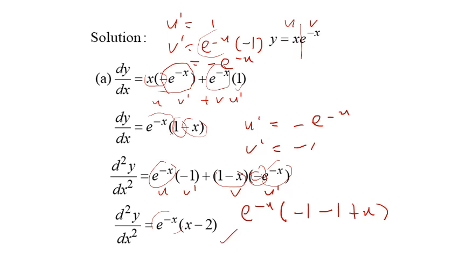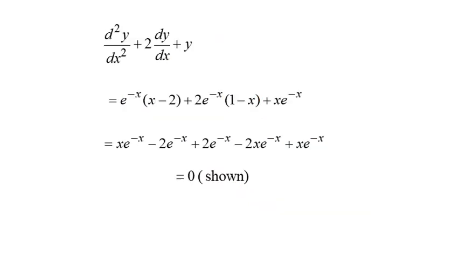And then the next question, you have to show the given equation equals 0. So in the equation you have to substitute y, the first derivative and also the second derivative. Then after we substitute, show that it will cancel out.